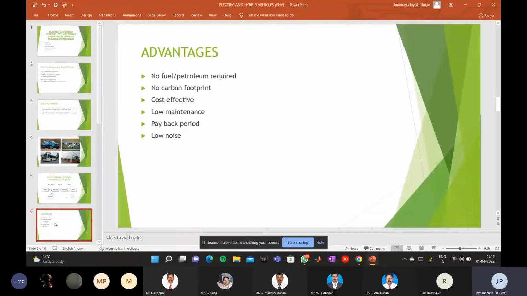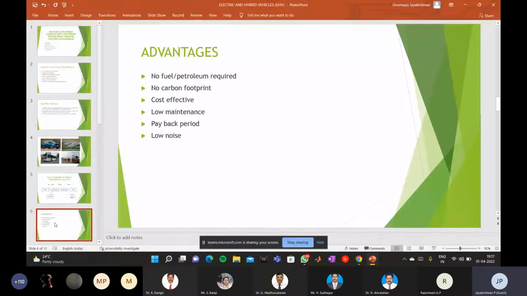Also, low noise. IC engines have very high noise, and that noise is transmitted to the interior of the car also, so while driving we experience a lot of noise. But in an EV, only the motor is running, and the noise delivered into the EV will be only of the tire rubbing on the road surface.